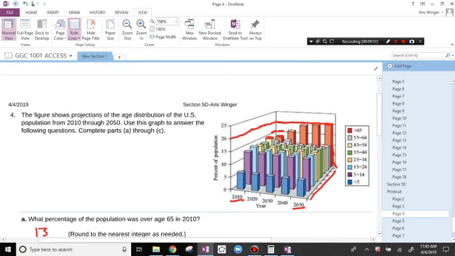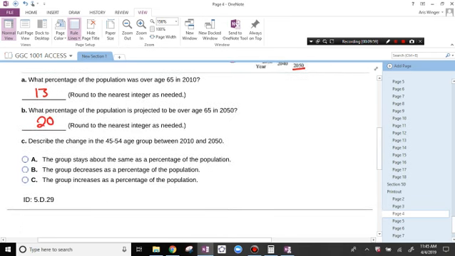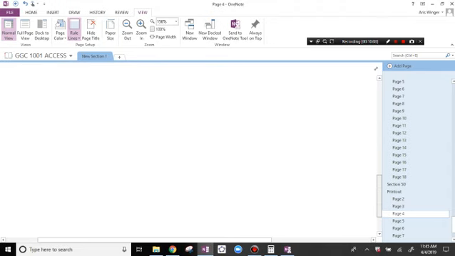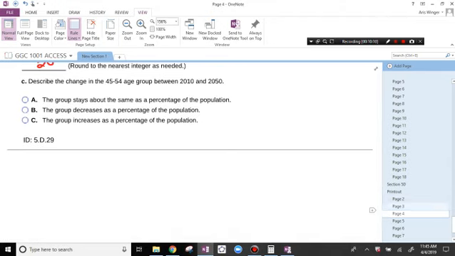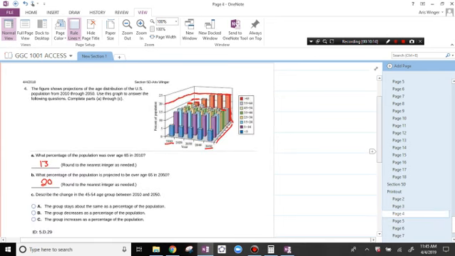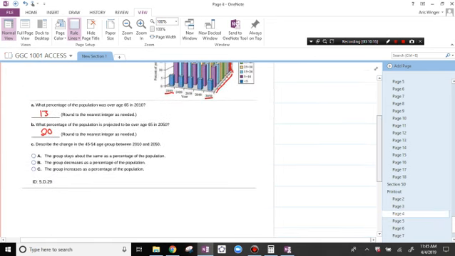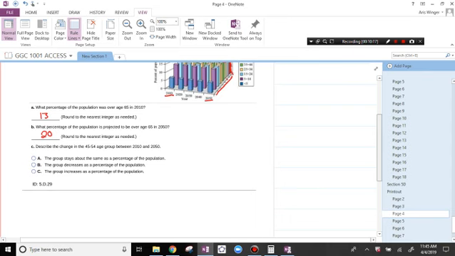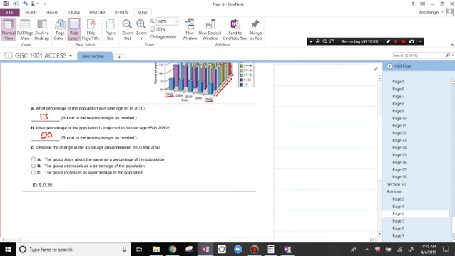So they're here. That's just hard to see. It looks like they're roughly 10%, but it drops. Yeah, the group decreases as a percentage of the population.